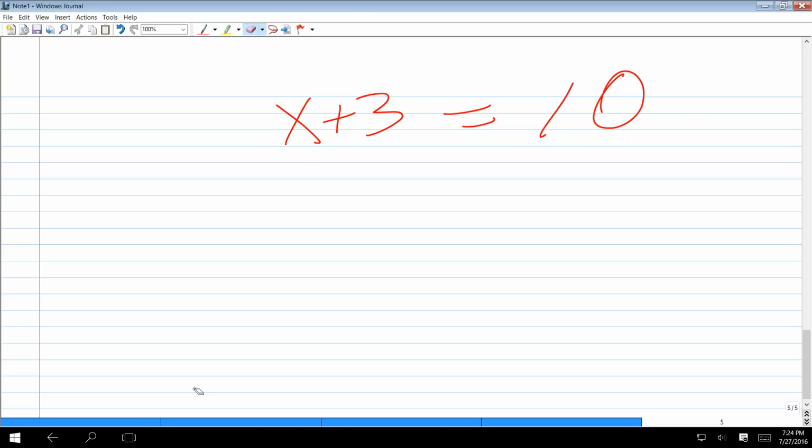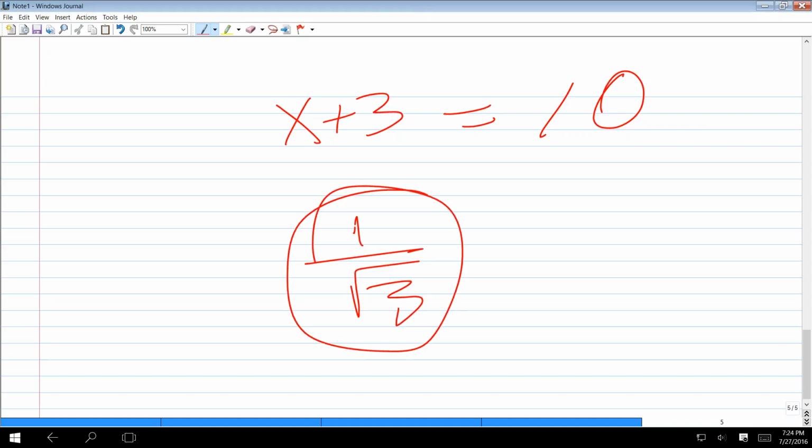So I can subtract 3 from both. I could trim its eyebrows on the left side as long as I trimmed its eyebrows on the right side. That's very, very different than a fraction. When I have a fraction, I can only do one thing to it. I can multiply it by 1.